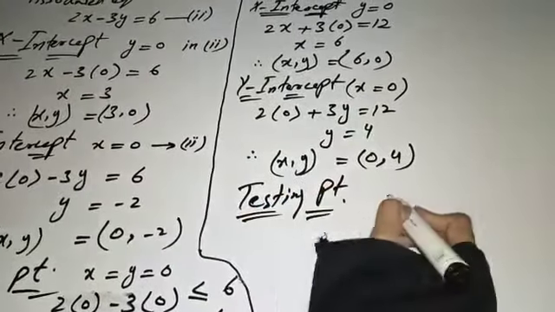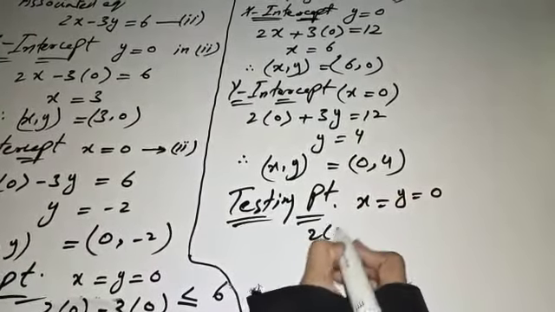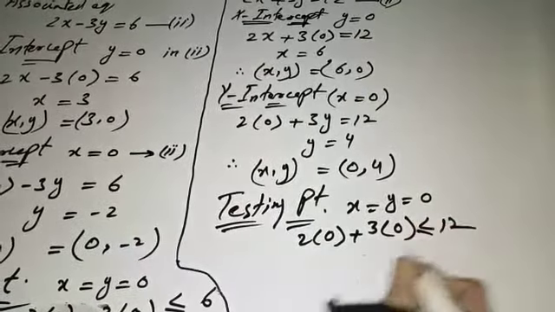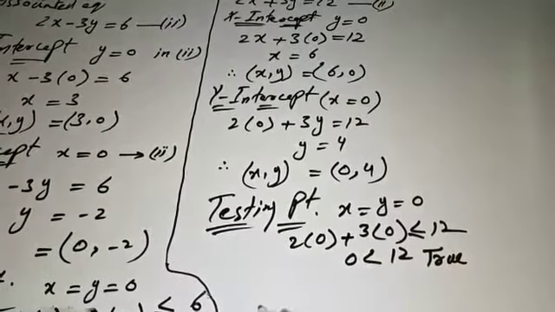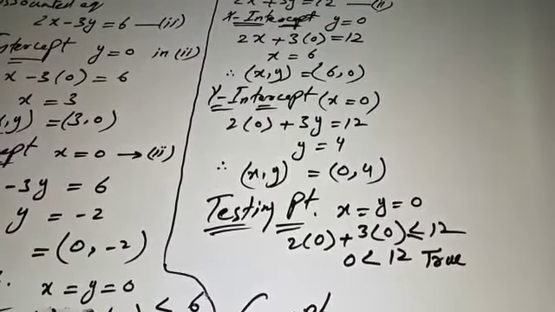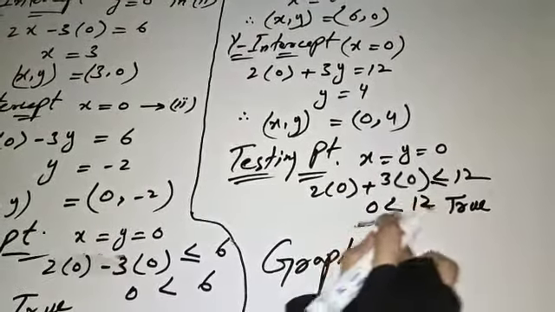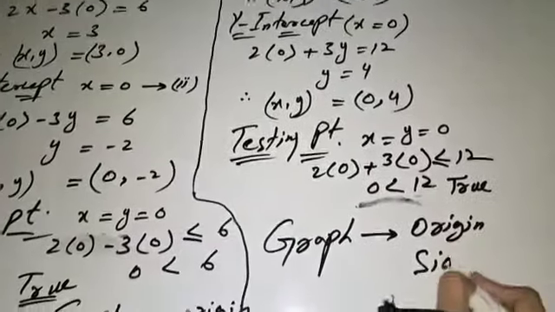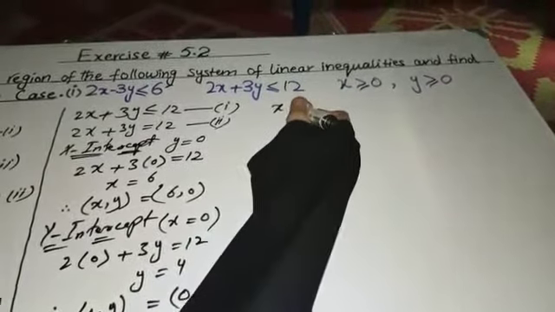For testing point, put x is equal to y is equal to 0. 2 into 0 plus 3 into 0 is less than or equal to 12. 0 is less than 12. It is true. So when the solution of a linear inequality expression is true, then the graph is towards the origin side.